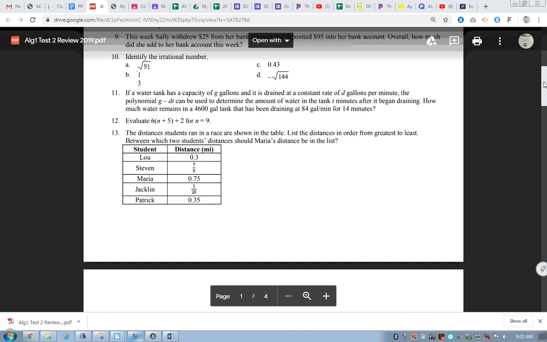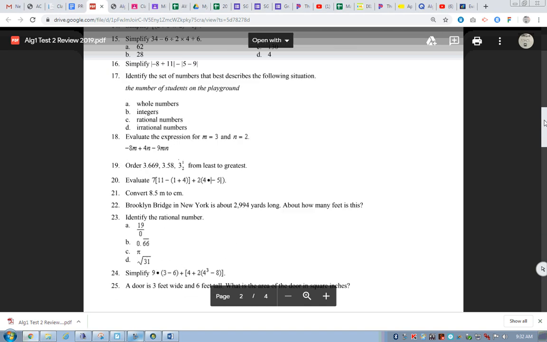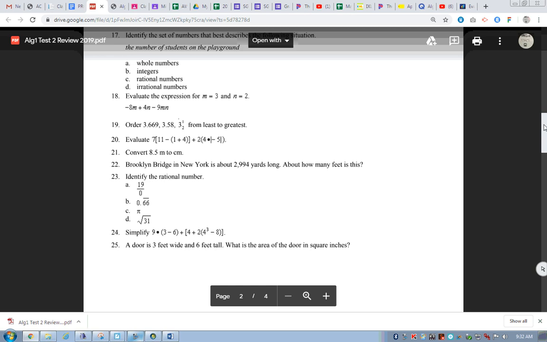All right, next on the list is all the way down at number 20. Evaluate. All right, so we got to simplify this. This is a big order of operations question. They do throw some symbols in here. They can be a little confusing, but let's take this first part. We got 7 brackets, 11 minus 1 plus 4 parentheses brackets.